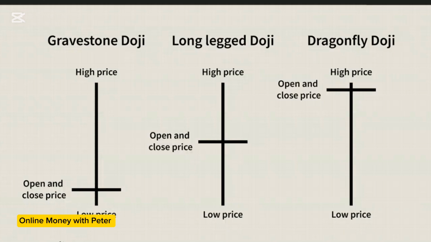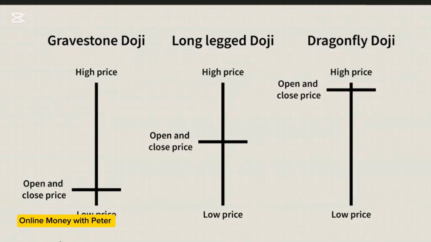It opened at this price. The sellers push the price to this low, the buyers push the price to this high. Then at the end of the day, the opening price and the closing price are the same. So depending on the location of this Dragonfly Doji, or the long leg Doji, or the Gravestone Doji, it can signify a reversal at the support or the resistance, or it could signify a continuation of trend.